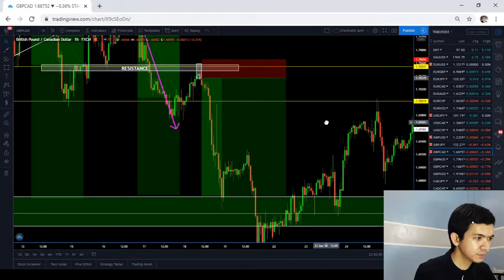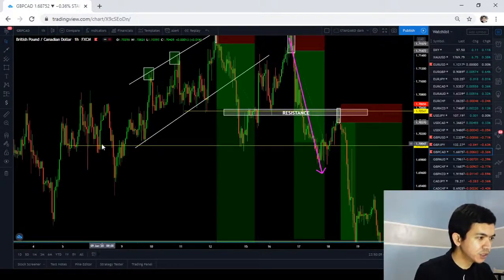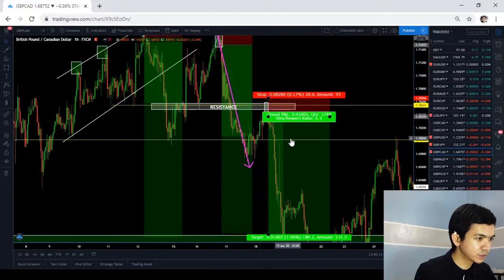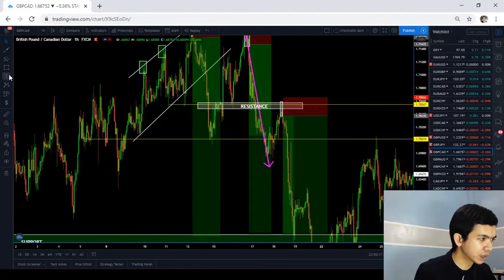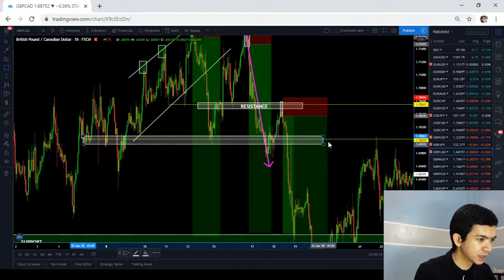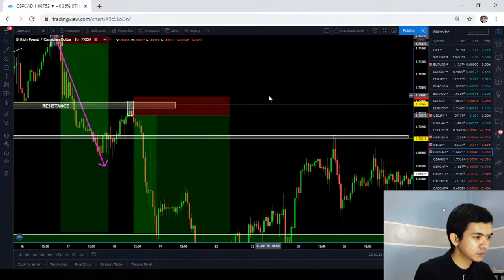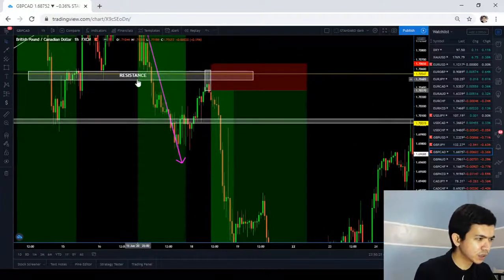Diba? So, let's analyze again yung market. Initially, we already marked this as our support level or zone. So, markahan lang natin ulit. Again, this is a zone, not a line. Hindi lang siya basta line. Zone siya.